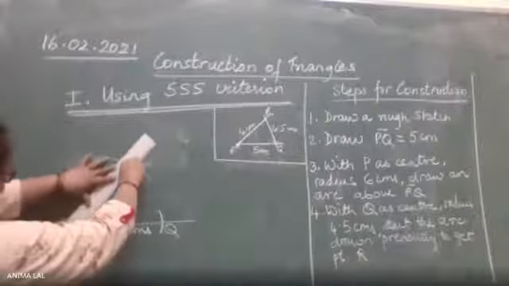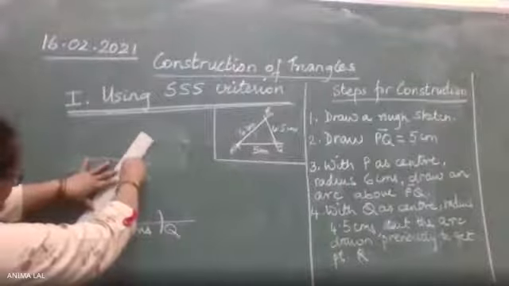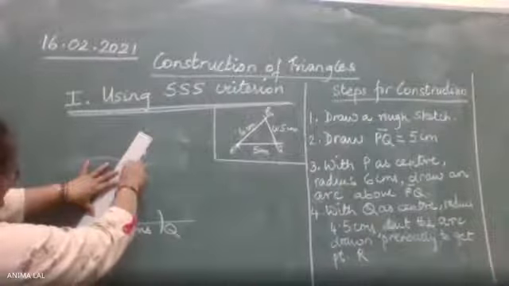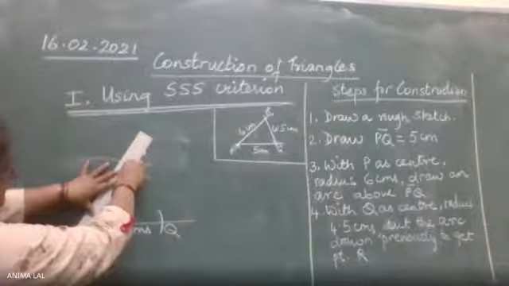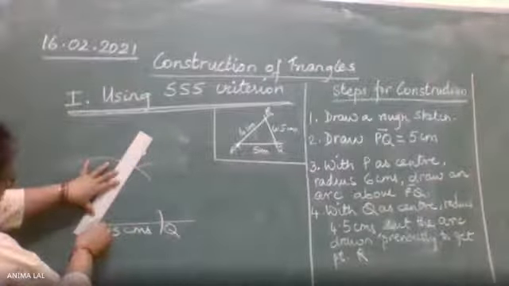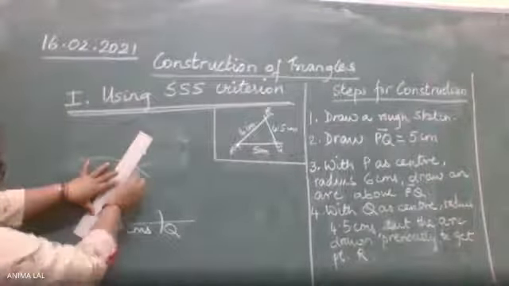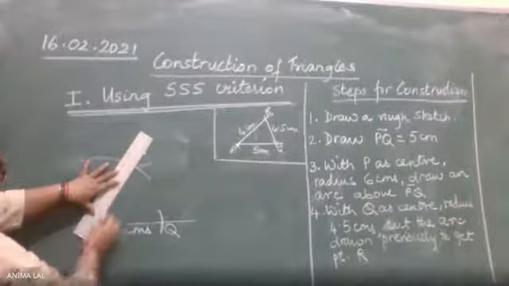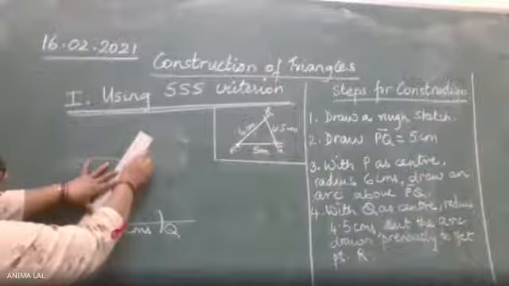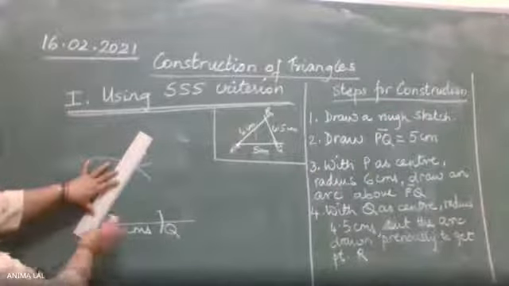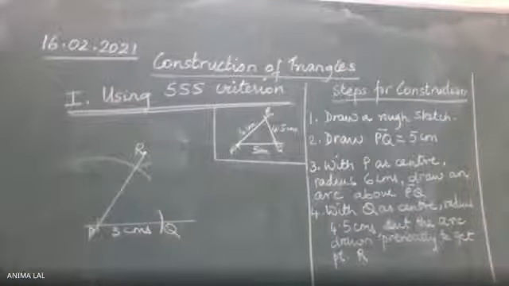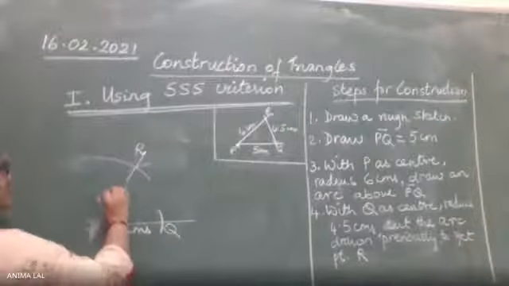Adjust your ruler without removing your pencil, so that the pencil point touches the edge, and this is at point P. Now check from point P. Is it touching the edge of the ruler? If both the points are touching the edge of the ruler, then we draw the line passing through the points. This will give you 6 centimeters.